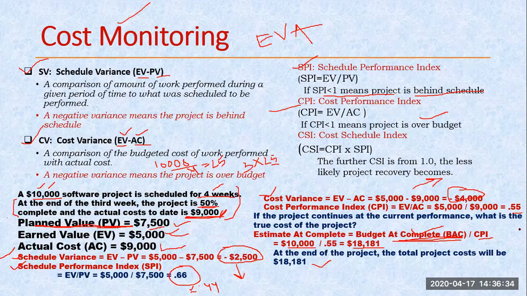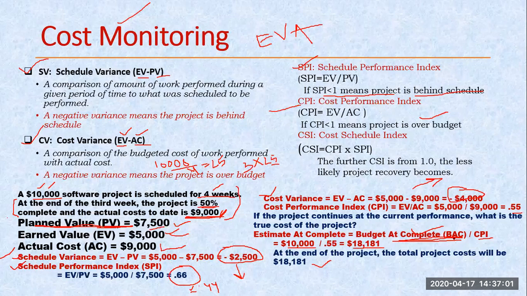And now we have to forecast. If we are working at this speed, with this team, as per this current performance, then what is the new cost for my project? So we can calculate it by using the estimate at completion. Okay, this is also known as forecasting for my project. Another technical term that we use here is EAC. So EAC is equal to BAC divided by CPI.